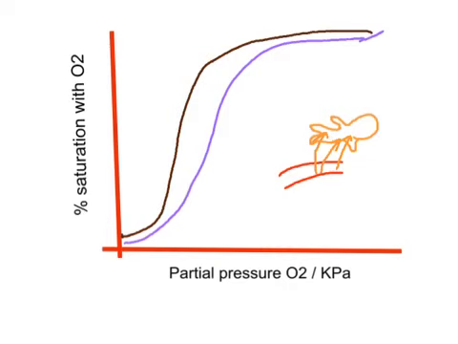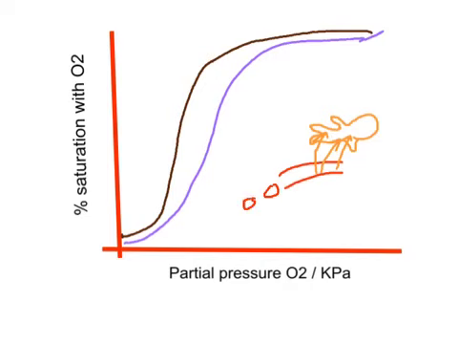When this happens, this means that the blood fluid, or the plasma in the mother's bloodstream, has a much lower oxygen tension, but the hemoglobin found in the red blood cells in the capillaries has a higher oxygen tension.